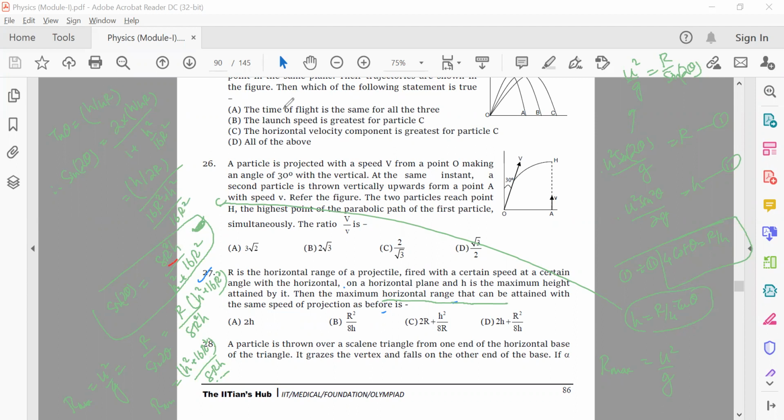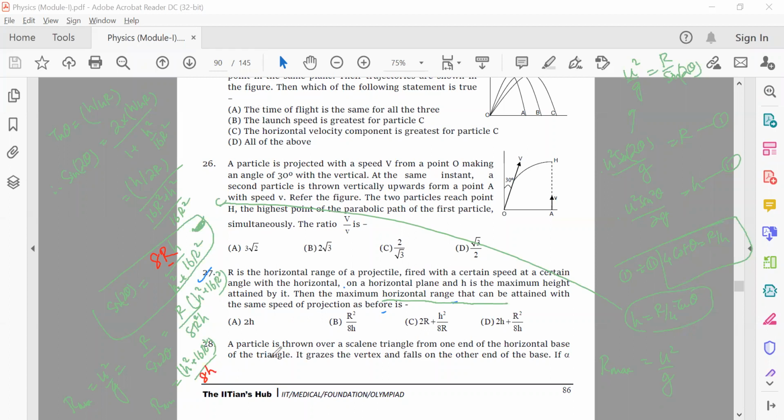So let's just make a correction here. So this should be 8 RH, na? And therefore here there won't be any R. Okay, now it's all right. This will be just 8H, right? Yes, sir.